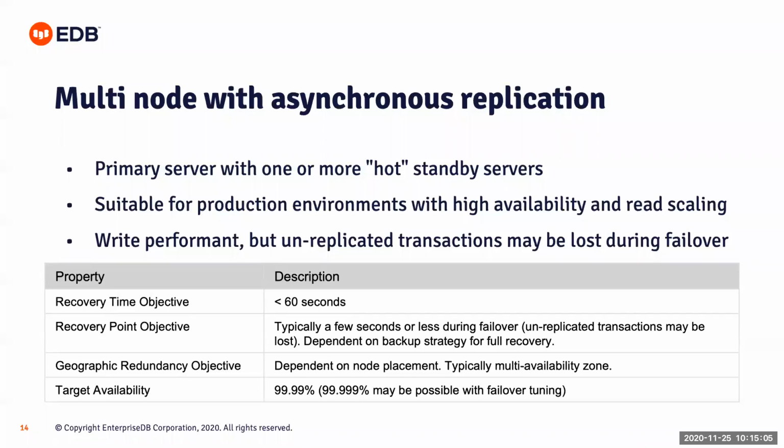This typically happens if there's congestion in the network or something that makes it so that the agents monitoring the databases are unable to connect to the database, and so they think that the primary server is down and then perform a failover, but the primary database was actually fine, but the network was the problem, and so you have that risk.